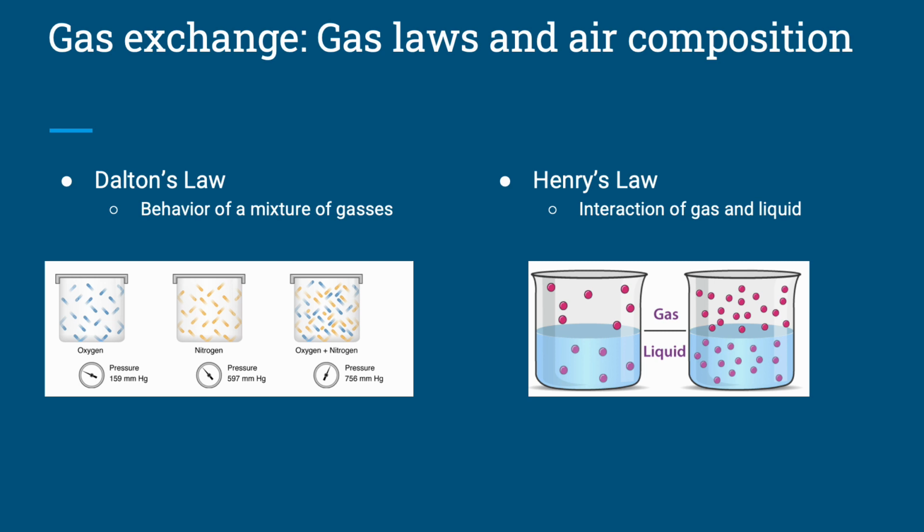Alveolar air is greater in concentration of water vapor than atmospheric air, and alveolar air is greater in concentration of carbon dioxide than atmospheric air. Additionally, alveolar air is less in concentration of oxygen than is atmospheric air.